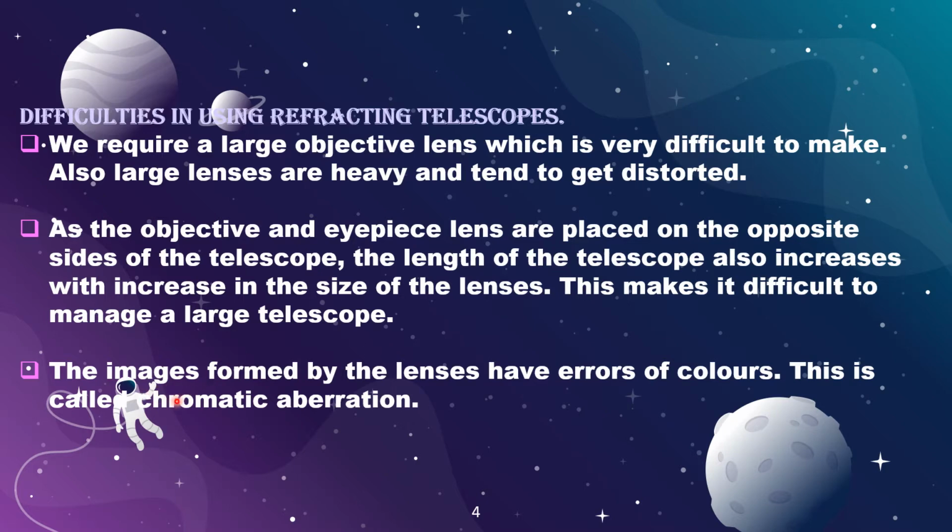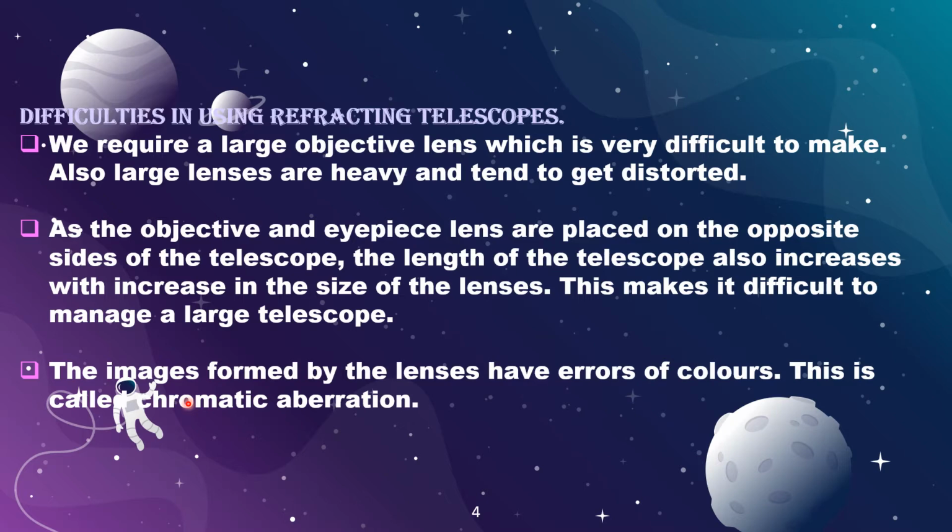The third difficulty is that lenses create distorted images, and this is called chromatic aberration. Chromatic aberration occurs because when light passes through a lens, different colors bend to different extents, or through different angles. So they are brought to a focus but not at one point.